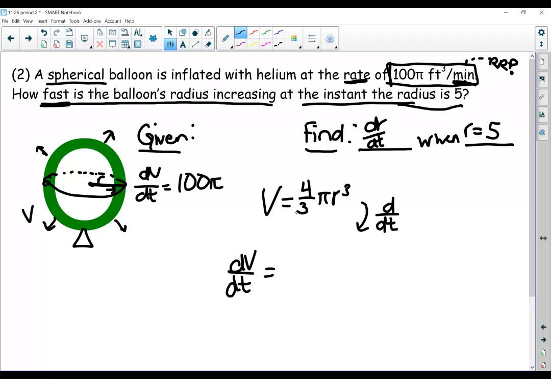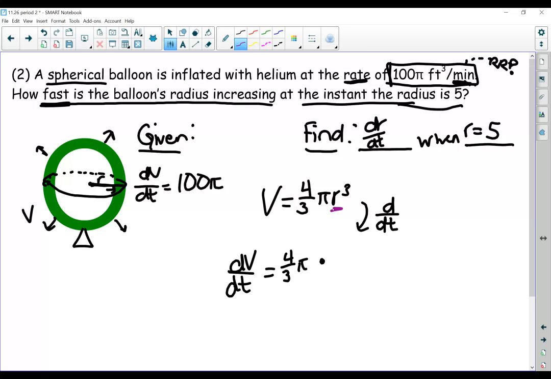Now, when I look at the right side, I'm going to take the derivative implicitly over here. 4/3 pi is just a coefficient, so that comes down. It's the constant multiple rule. Times, now I'm going to take the derivative of r cubed. I just have to remember that in this situation, the radius is a function of time.